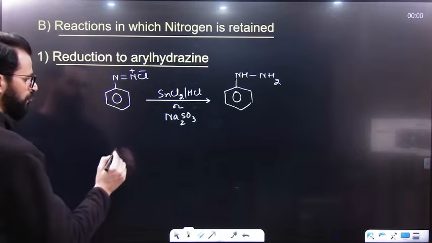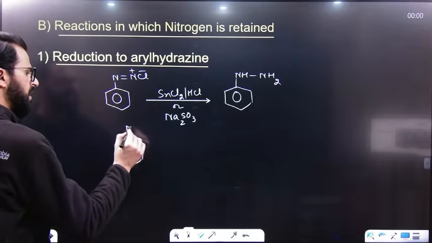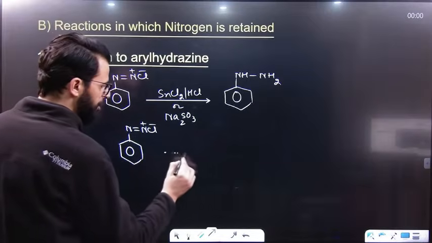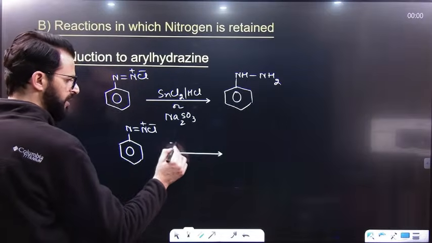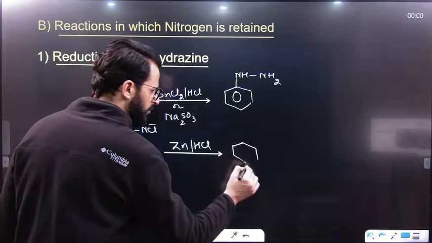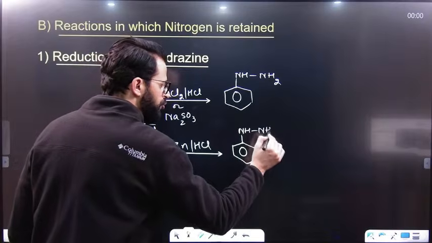But you have to remember, if this benzene diazonium chloride is treated with a vigorous reducing agent, a strong reducing agent like zinc HCl, then first it will result in the formation of phenylhydrazine, but the reaction will not stop over here.